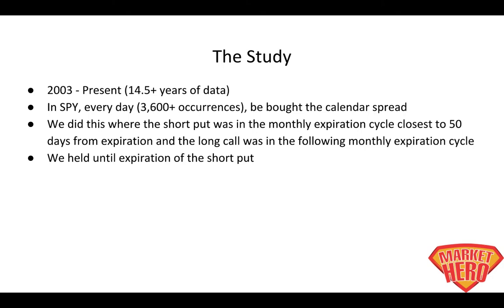Then we went to that same strike price in the next monthly expiration cycle and purchased that same strike price's put. We created that calendar spread every single day for 14 and a half plus years, depending on when you're watching this video, and we held it to the expiration of the short put.